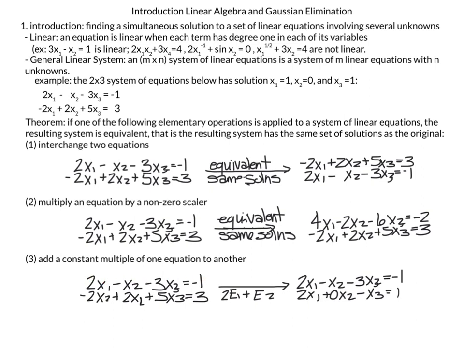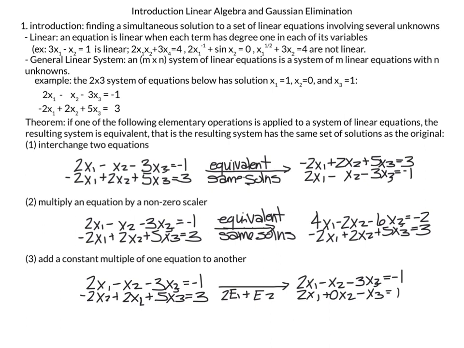Last, we could add a constant multiple of one equation to another. So for example, we can multiply 2 times the first equation, that's E1, and add it to E2. So first I have my E1 equation here, 2x1 minus x2 minus 3x3 equals -1. But now I'm going to replace the second equation with 2 times the first equation plus E2. So 2 times this will give me 4x1. When I add it here, I'm left with 2x1.